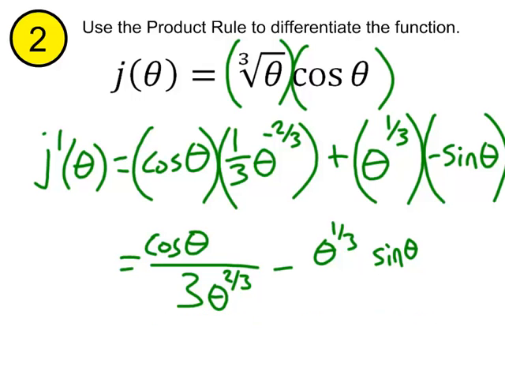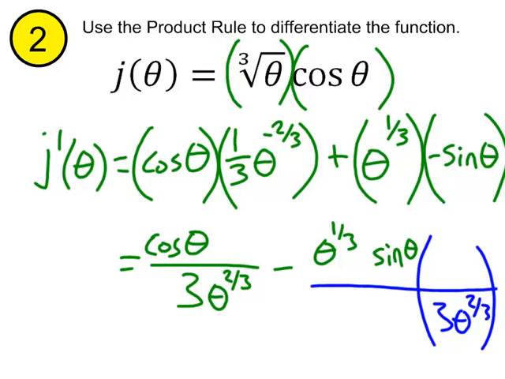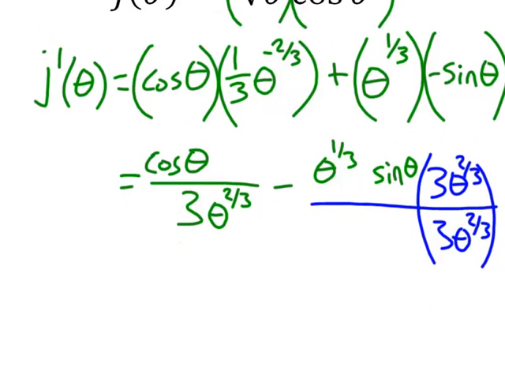So let's do that by doing a common denominator. And let's do 3 theta to the 2/3, 3 theta to the 2/3. And again, in class we'll discuss why that is advantageous. Okay, so now I've got a common denominator, 3 theta to the 2/3.